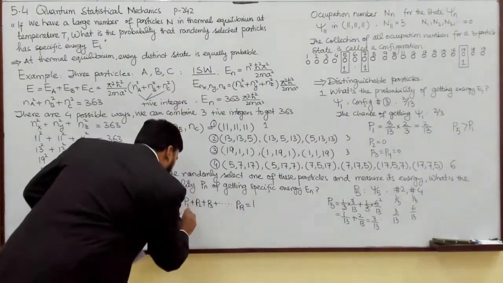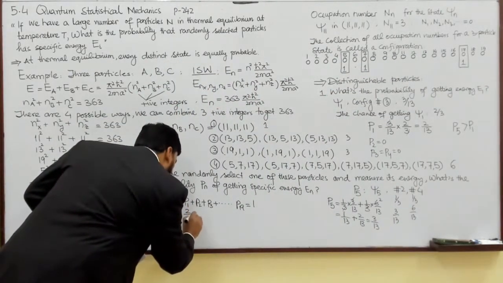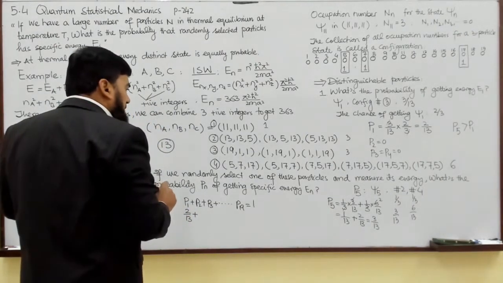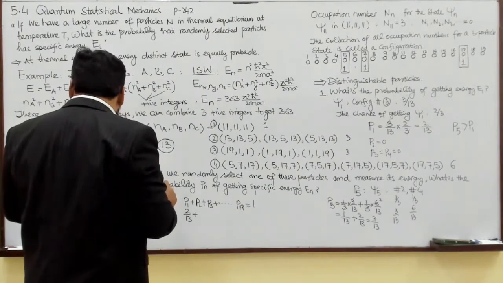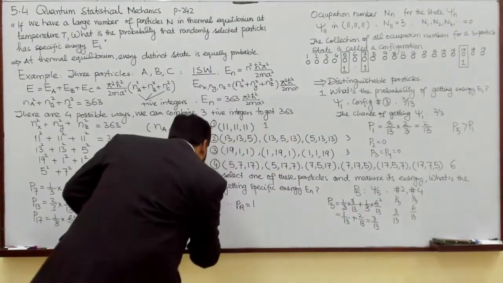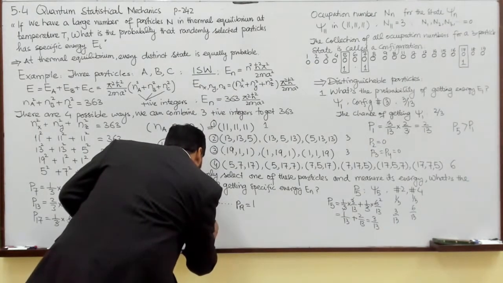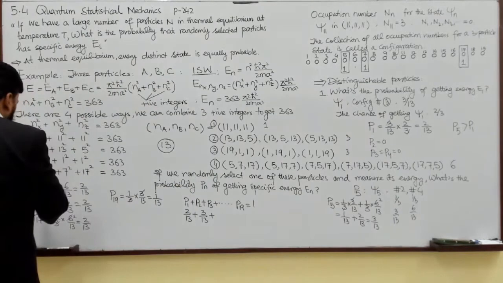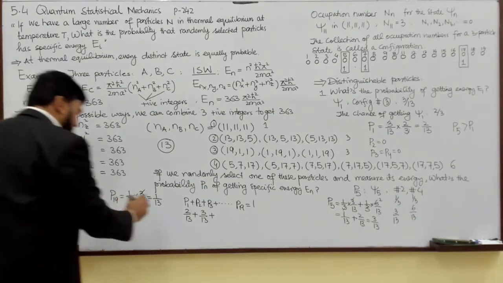So P1 is 2 over 13 plus P2, P3, P4 are 0, and P5 is here, which is 3 over 13. Then P6 is equal to 0. P7 is 2 over 13.